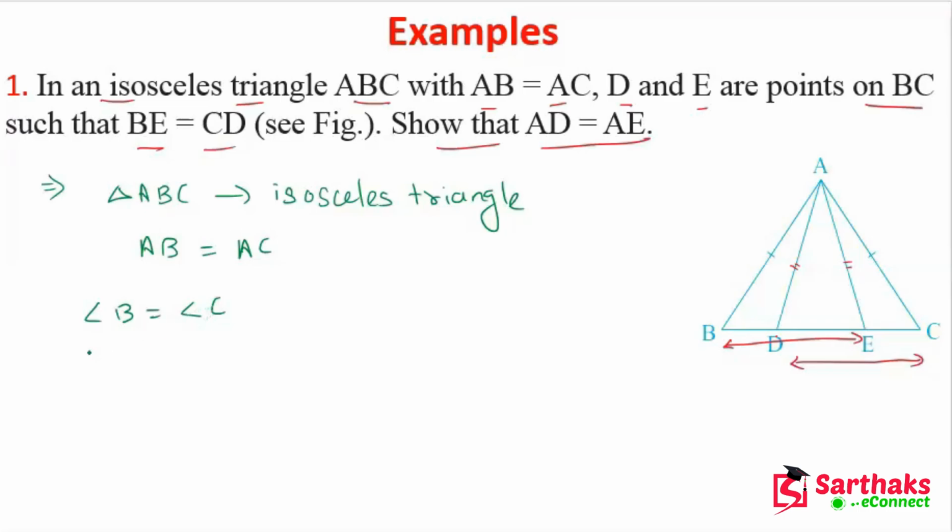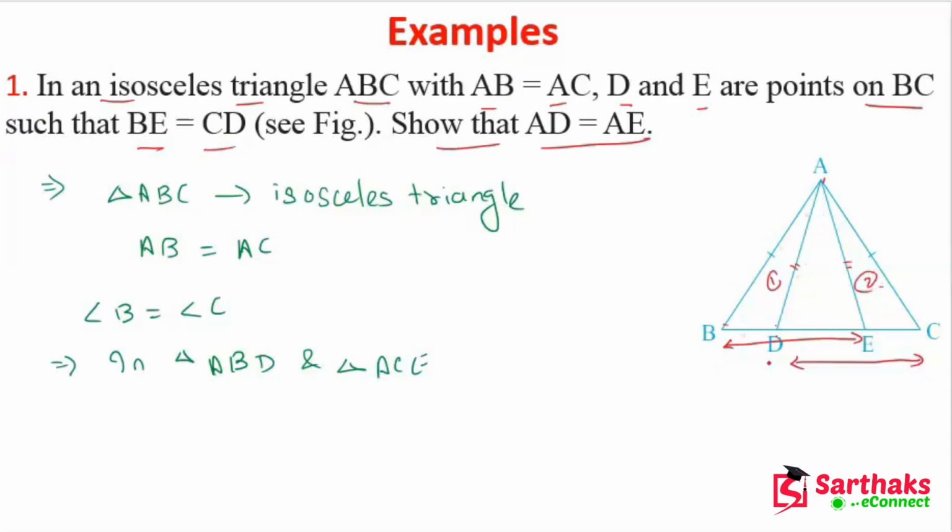Okay, so now we are taking the triangle ABD and triangle ACE, meaning triangle ABD is triangle 1 and ACE is triangle 2.